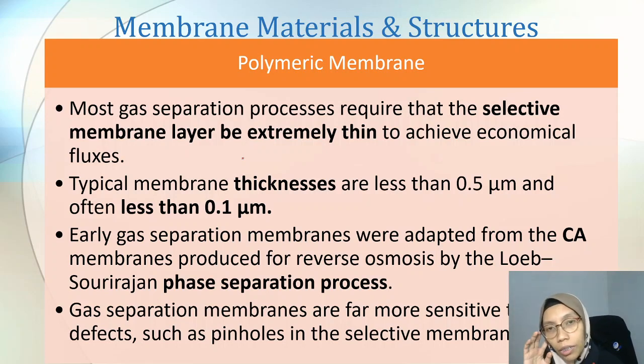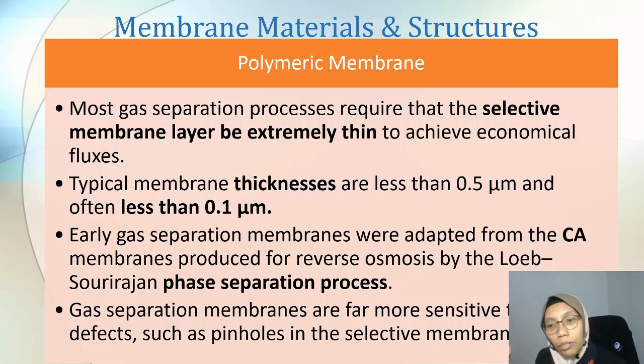Mostly the typical thickness of the membrane is between 0.1 to 0.5 micrometer. It's very thin. And for gas separation, if we are talking about the solution-diffusion mechanism, the membrane should not have any pores.